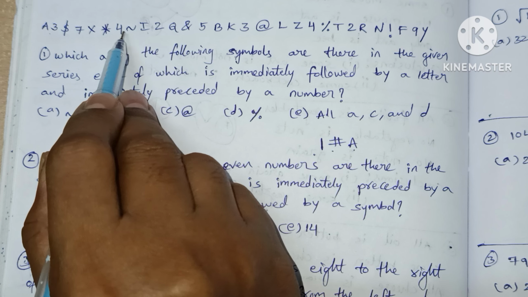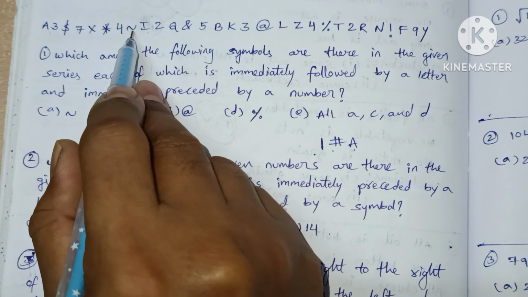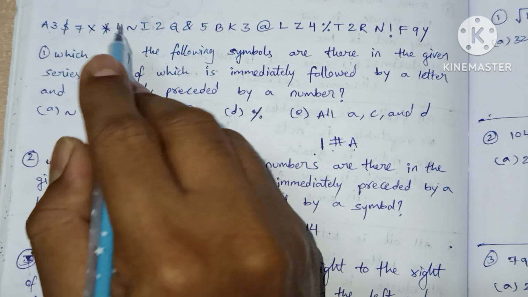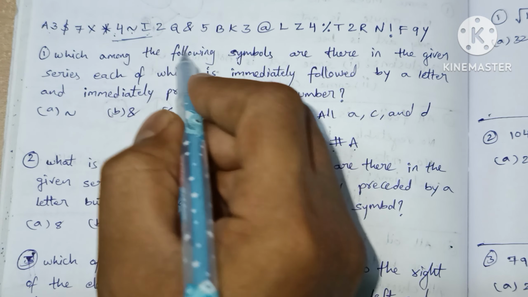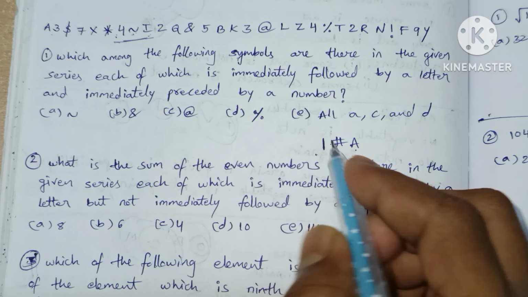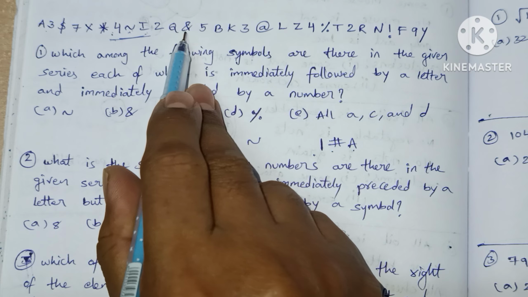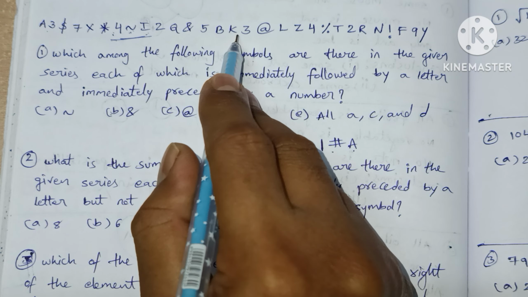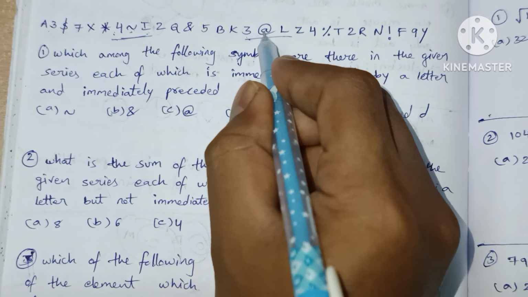Symbol before is a number. Before one is number and after one is letter, so it is 1. So we get this symbol before number and after alphabet, as it is true, at the rate.